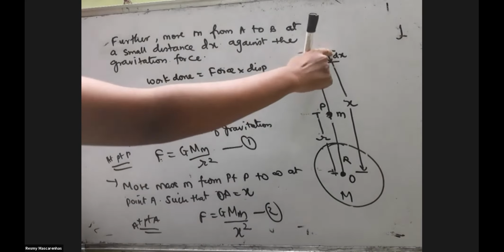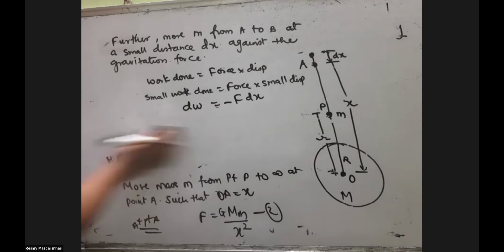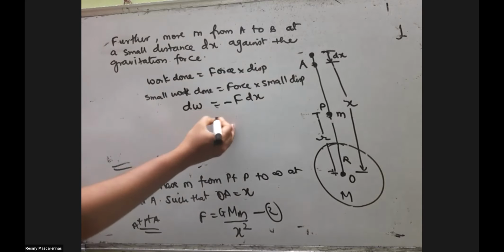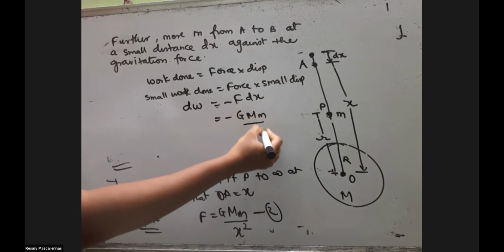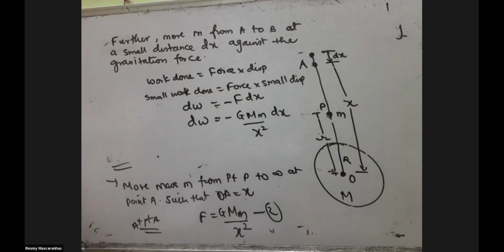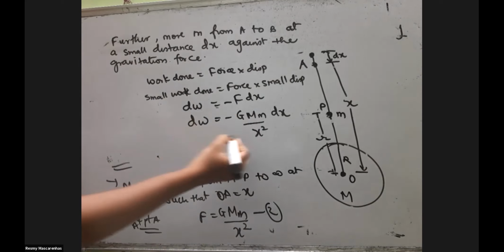And the small displacement is dx. So put this F over here. At point A, what was this? This is G M m upon x square dx. Put this value over here. From where did I get it? From equation 2.